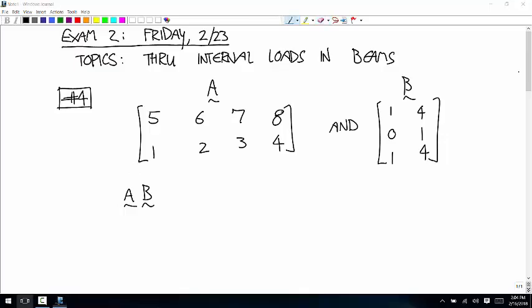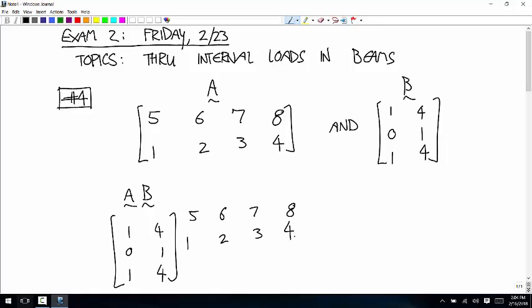A times B. Sorry, okay, so yeah, 1, 4, 0, 1, 1, 4 can be multiplied by 5, 6, 7, 8, 1, 2, 3, 4. So you're always doing dot products between rows of the first one and columns of the second one, so those have to be the same length.